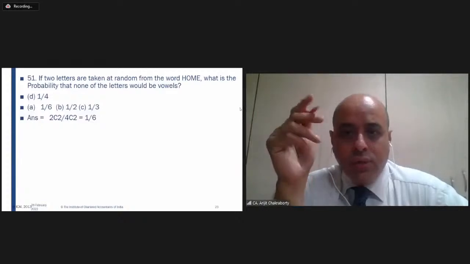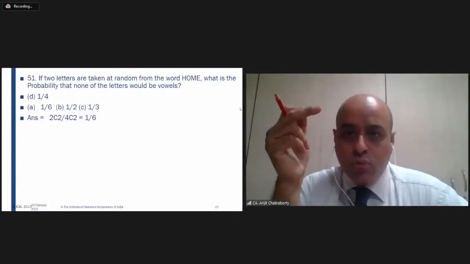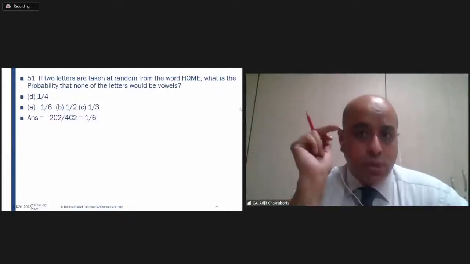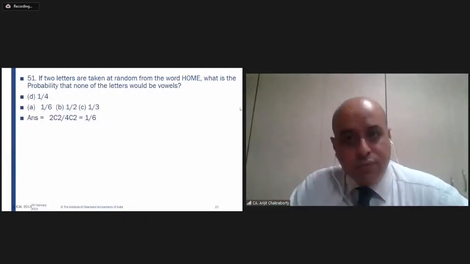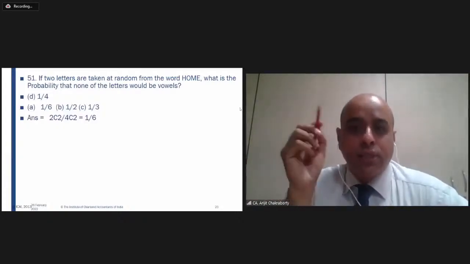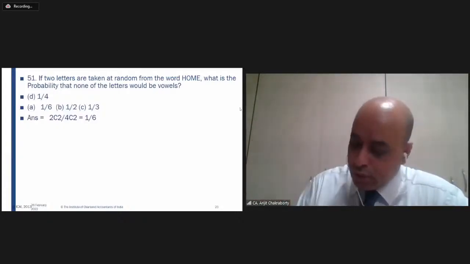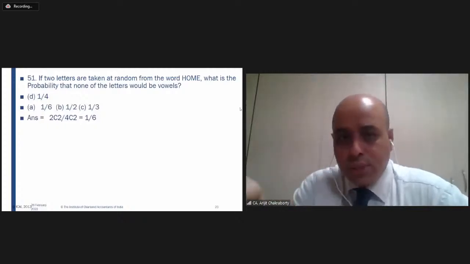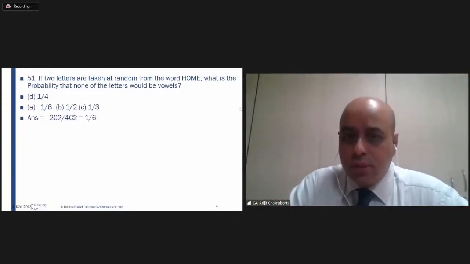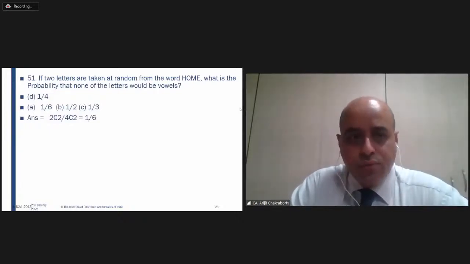So we are going to select the 2 letters from the 2 letters available, H and M, because O and E cannot be selected because they are vowels. So it is 2C2. In the numerator, we are writing 2C2. 2C2 is 1 and 4C2 is 6. So using the probability formula, we are getting the answer 1 by 6. So for question 51, the correct answer is option A, that is 1 by 6.